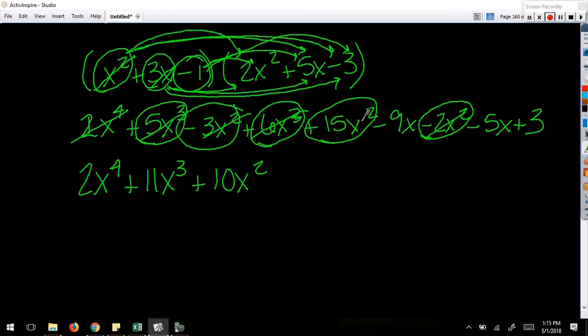And I'm done with those. And then the x's, I have negative 9 and negative 5. And finally, I end with my constant on the end. And that's multiplying polynomials.